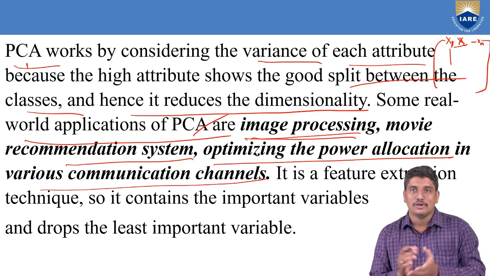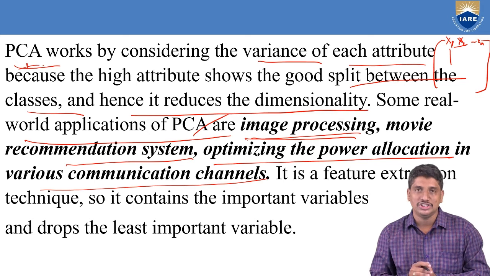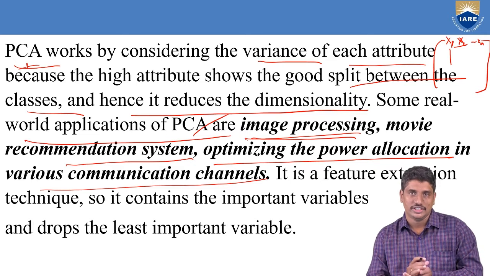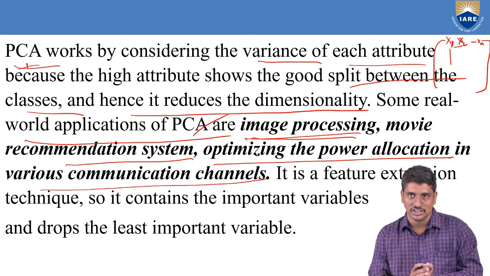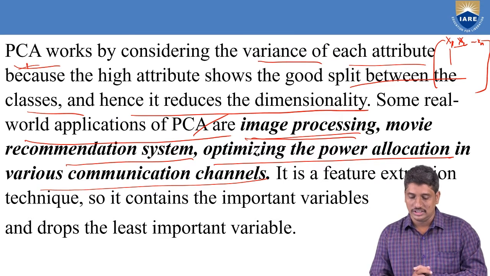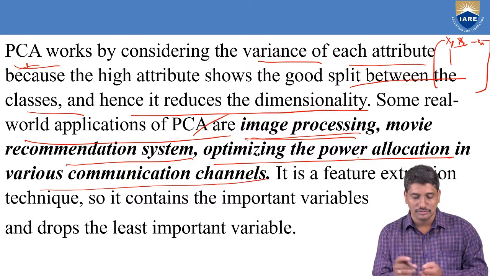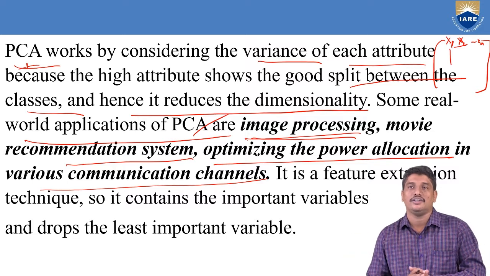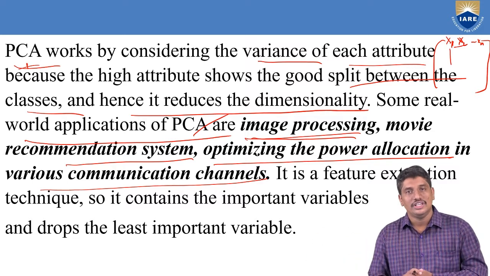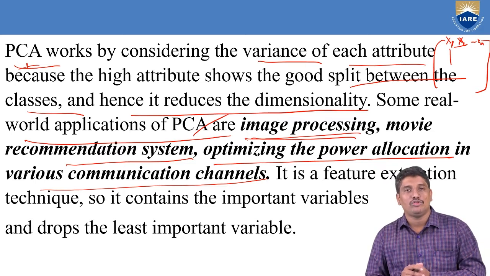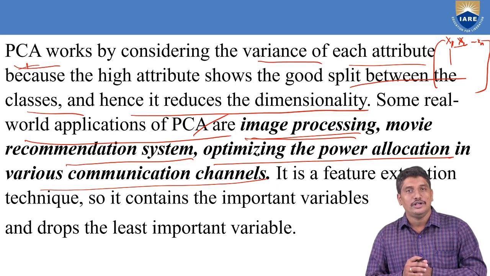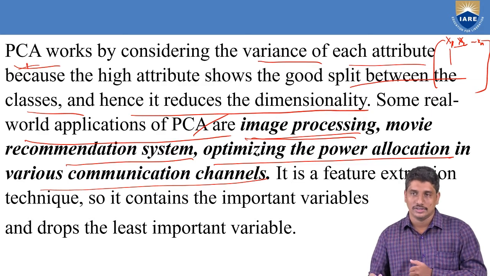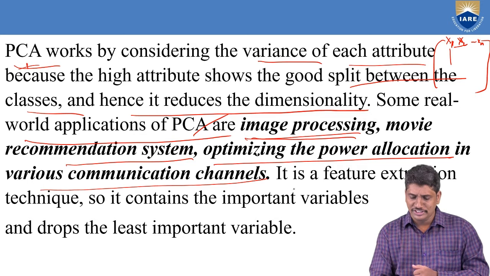This is because of PCA, along with machine learning and artificial intelligence; all these things work coherently. And for optimizing the power allocation in various communications, when you use various communication channels simultaneously, we also need artificial intelligence, which takes the help of machine algorithms that depend on dimensionality reduction, and the process behind it is principal component analysis. So it is a feature extraction technique.